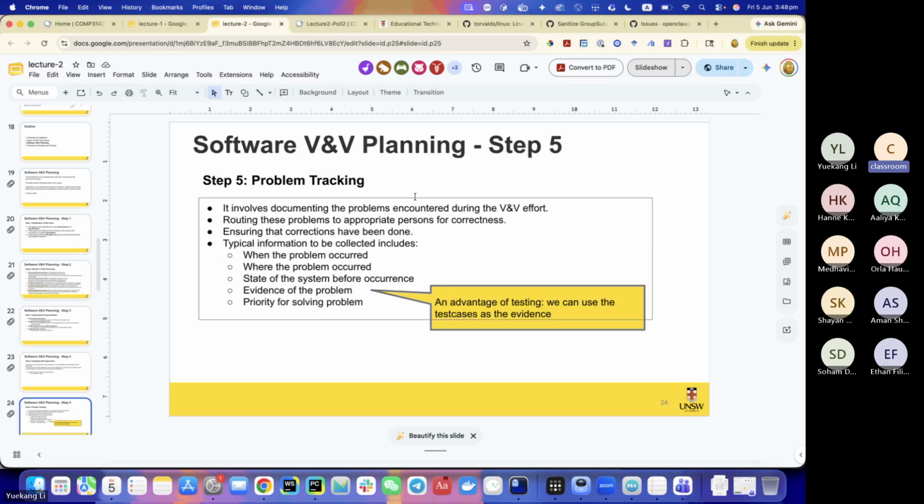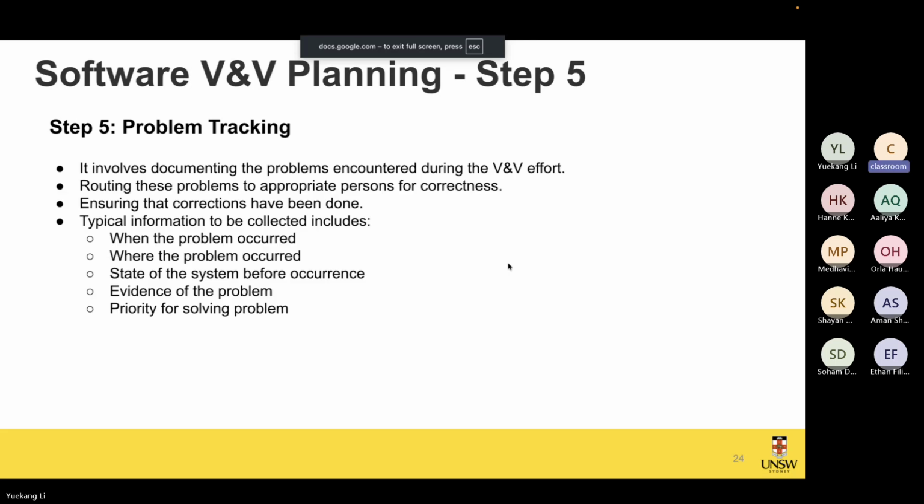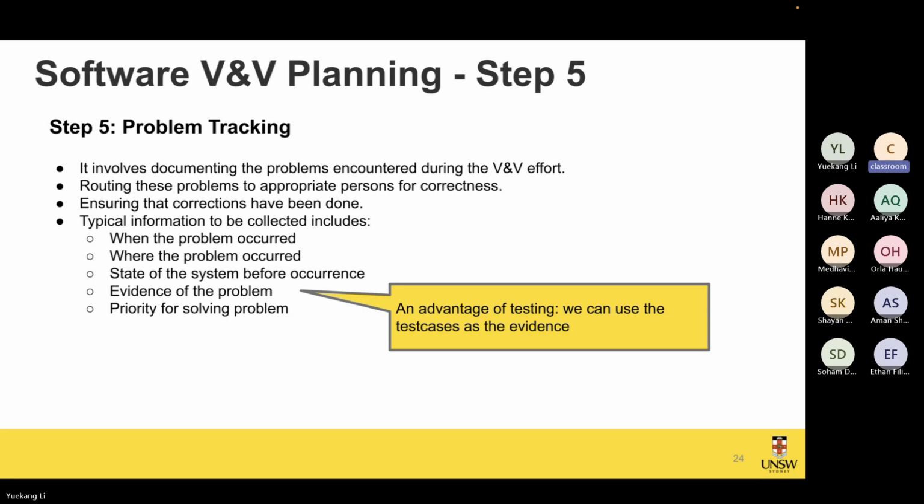So this is an example of problem tracking in the real world, especially in a very large project. An advantage of testing is that we can easily get the evidence of the problem, because we can just use the test case that can trigger the bug as the evidence, right?